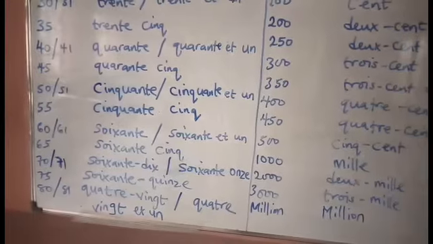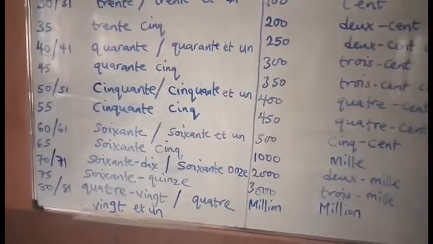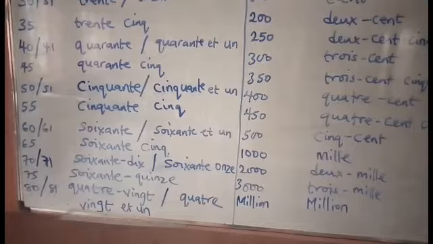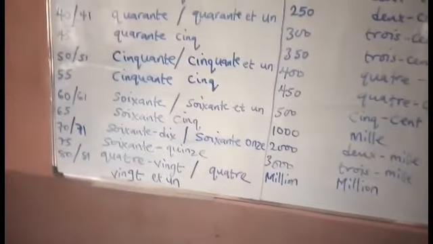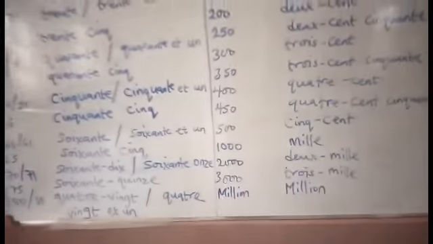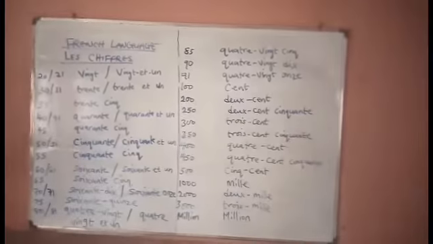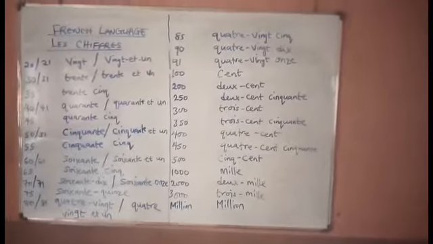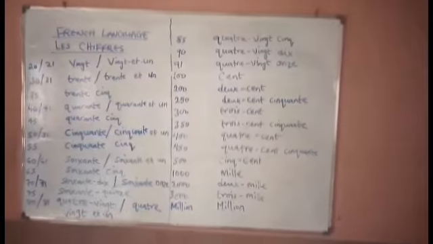And you continue, it runs like that: 82, 83, 84, 85, which is 85, right there on the board, and it runs that way till 90.